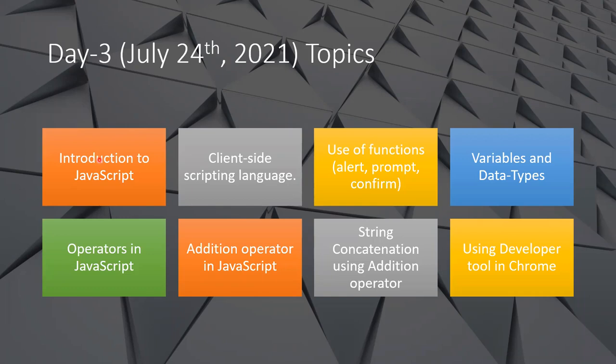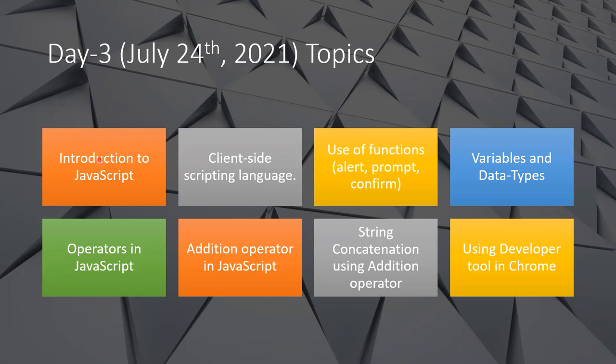Alert, prompt, and confirm are functions coming from an object called window. Good with this? Operators will be a separate video, which will be used in any language. Most of the languages' operators are all supported in JavaScript.